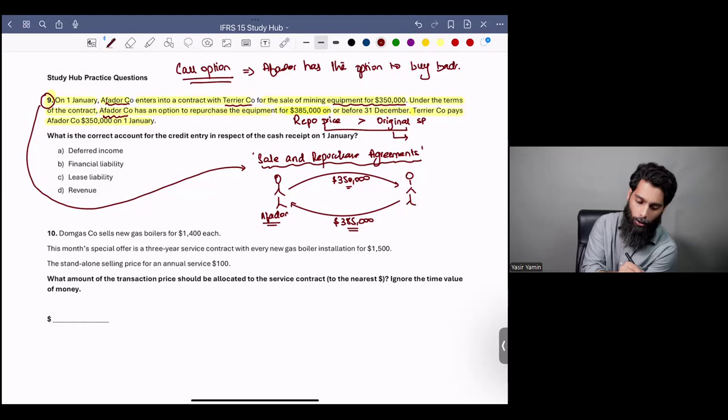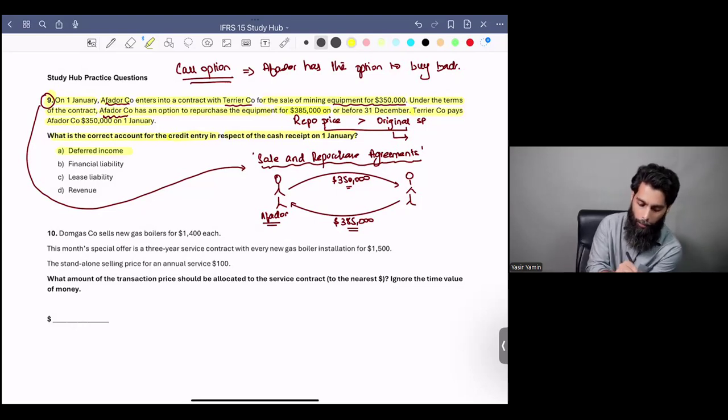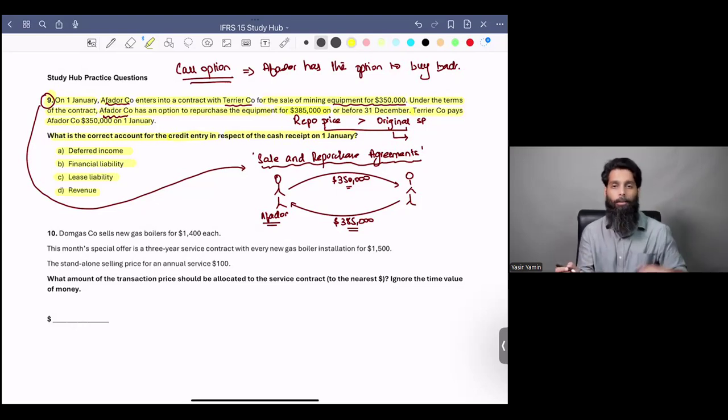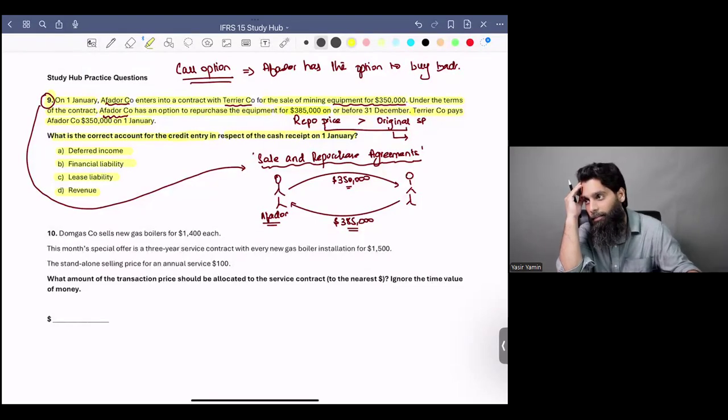Your examiner asks you what is the correct account for the credit entry in respect of the cash receipt. Should you recognize deferred income, a liability, a lease liability, or revenue? Guys, what is this?